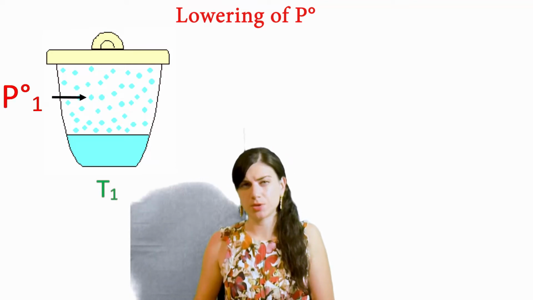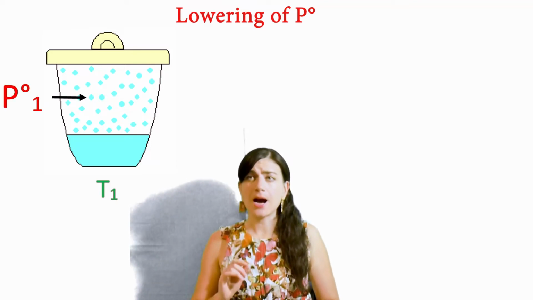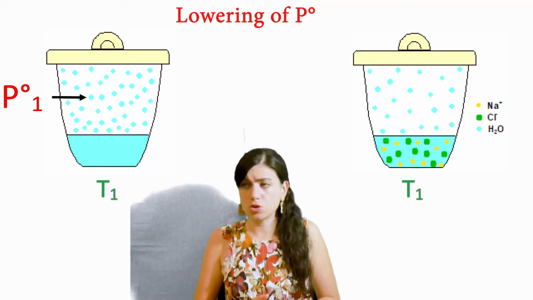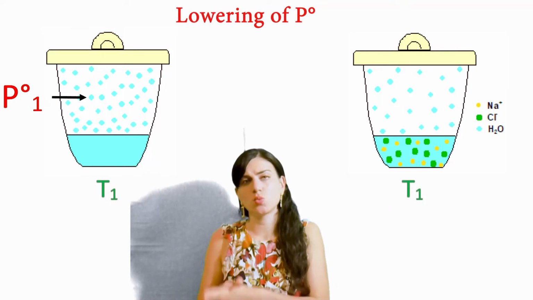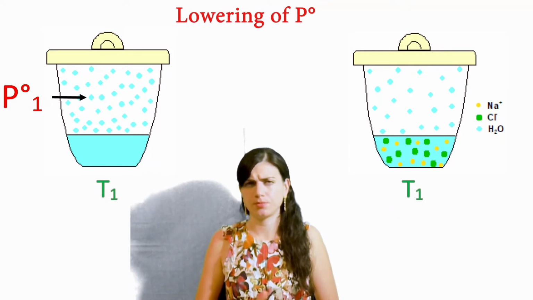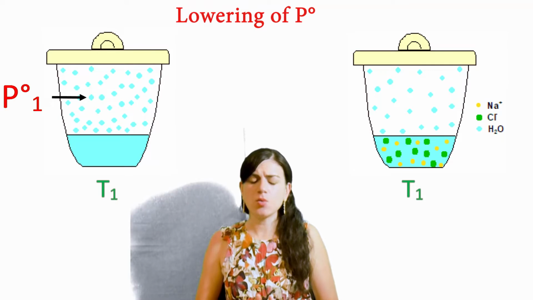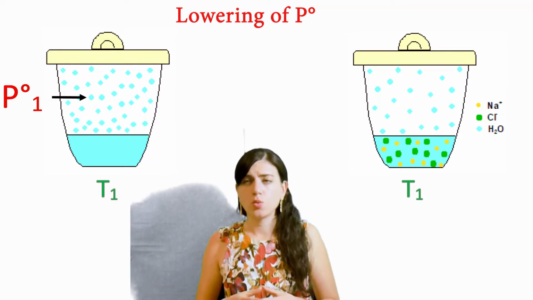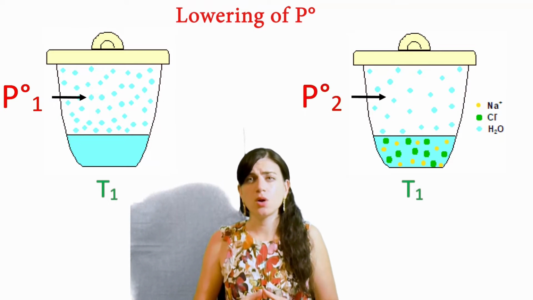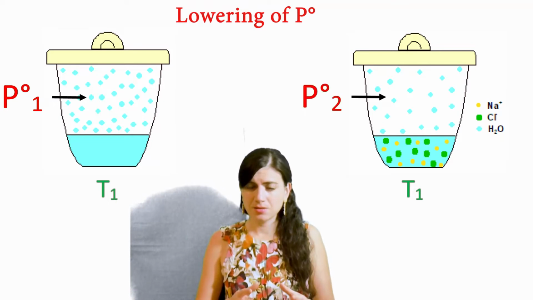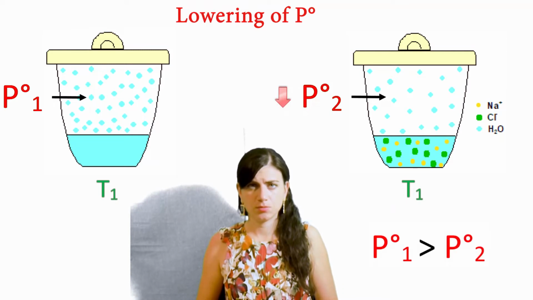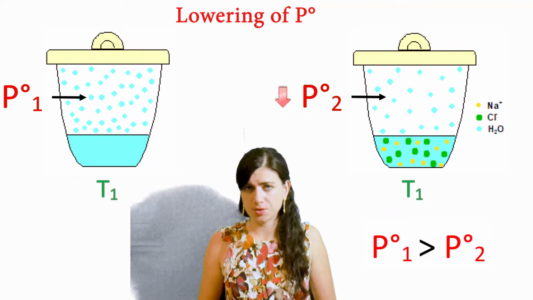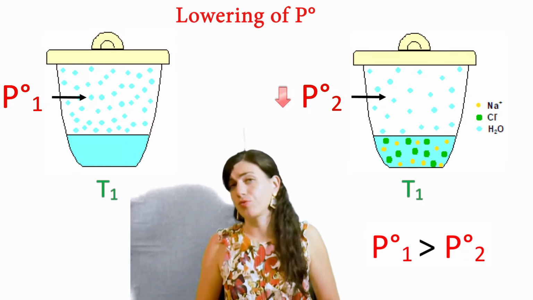Now, if at the same temperature, T1, I add a solid, for example, sodium chloride, inside this water, what will happen? Our vapor pressure will be different, will be P2, and P2 will be less than P1. This means that this time we will have fewer particles of water in the vapor phase.